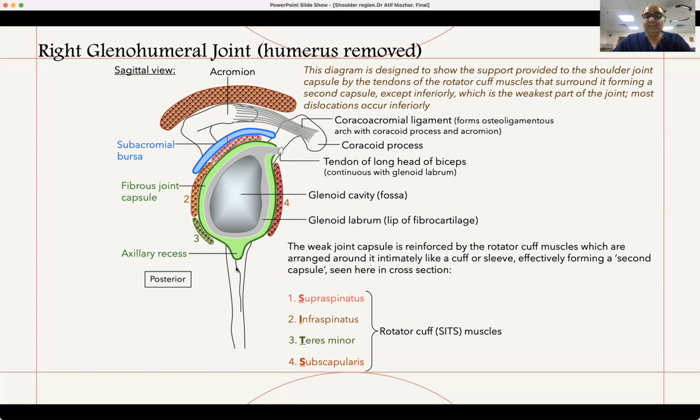So first is inferior, then it may go anterior, it may go posterior. But it usually never goes superior. First it goes inferior, then it can go anterior or it can go posterior. So the most common dislocation which occurs at my shoulder joint is anterior inferior. Are we good?